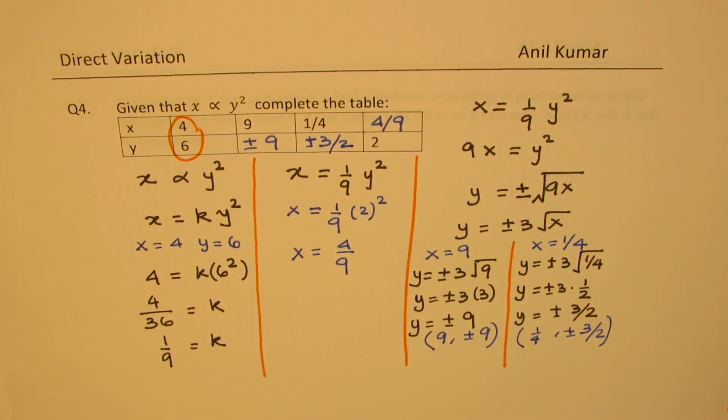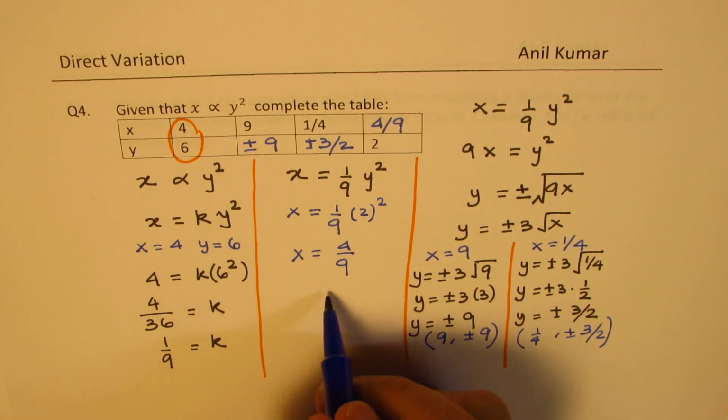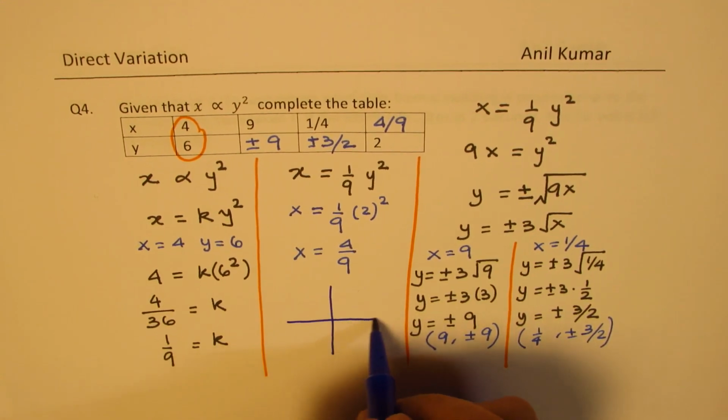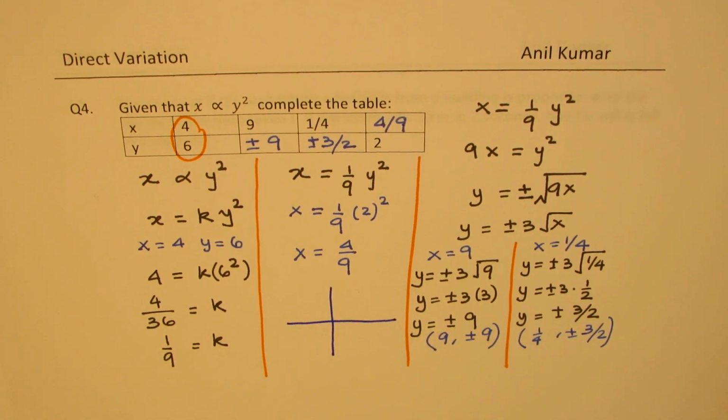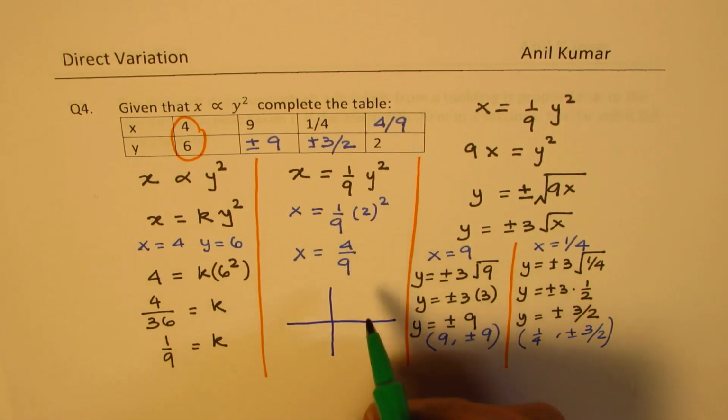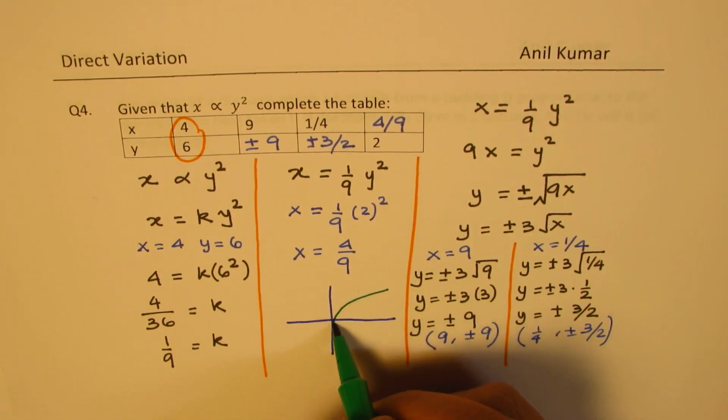So whenever we have a relation where x is proportional to y squared, and we are trying to figure out what is y, we could have two values, right? To illustrate, this really represents a parabola which opens to the right side. So if you sketch a graph of this, you will get something like this.